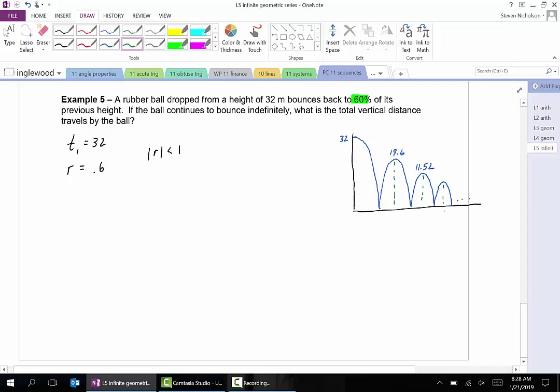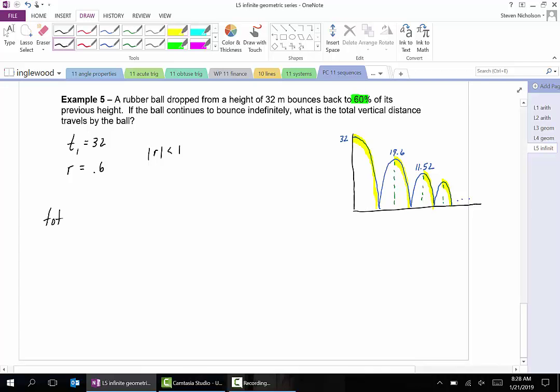So I'm just giving you the first three pieces of information. But here's the key thing about the picture. It's asking for the total distance. So look what's happening. The ball is going down, and then the ball is going up, and the ball is going down, and the ball is going up, et cetera.